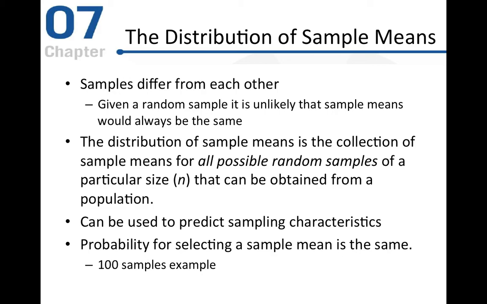If everyone is unique, the probability of that occurring would be 1 out of 100. So the same principles still apply here. What we're doing is moving from X values, single scores, to sample means. The reason we're doing this is because when we do research, we're not particularly interested in an individual's characteristics as we are in an average across a group, a sample of people.